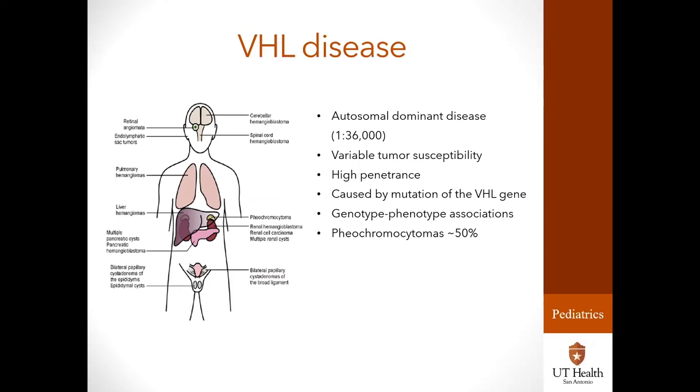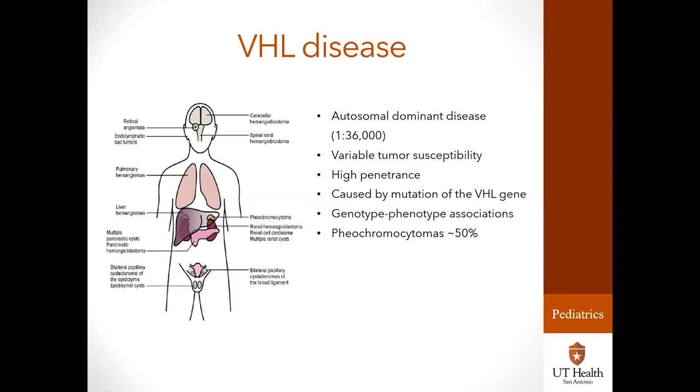The most common manifestations of the disease are renal cell carcinoma, hemangioblastomas of the retina and the central nervous system, pheochromocytomas, pancreatic cysts and tumors, and cysts in other organs such as kidney, adnexal region, gonadal region, lungs, etc.